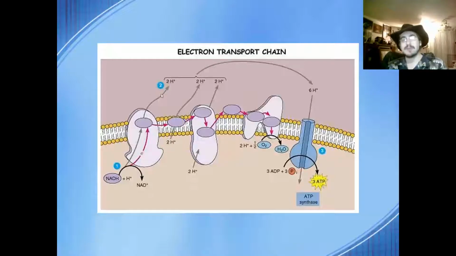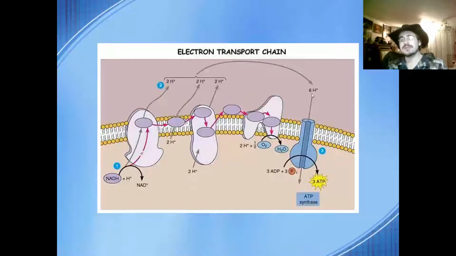Well, right over here. When we pump hydrogen ions into the intermembrane space, this creates a concentration gradient. The hydrogens are more concentrated on the outside of the mitochondria than they are on the inside, and thus they're going to follow the rules of diffusion.